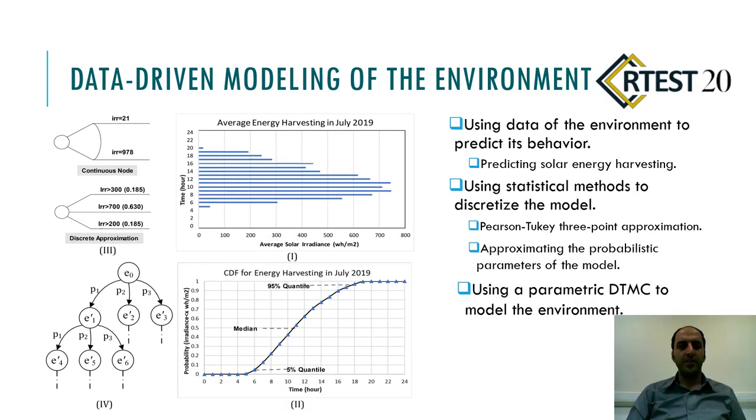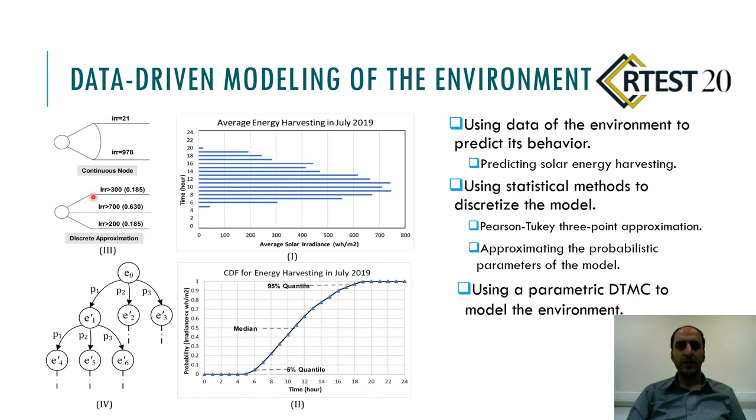The model of the environment is where the model-driven approach meets the data-driven technique. As denoted in the figure, solar irradiance of the environment is indicated using hourly data. Based on the data, we extract the CDF of hourly solar irradiance.